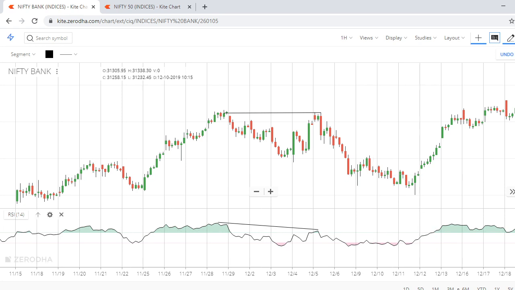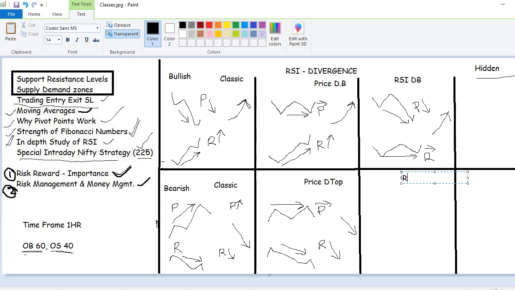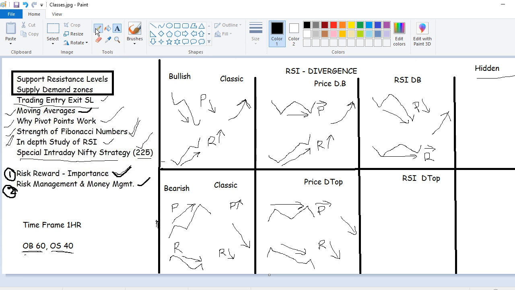Okay, now let's discuss RSI double top. Now what does that mean? The price is making higher highs, and RSI is making the same high, a double top.